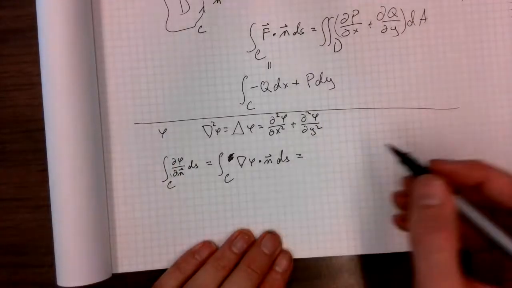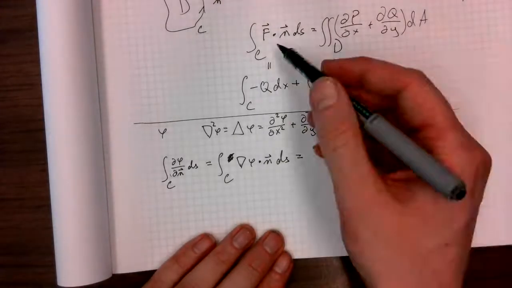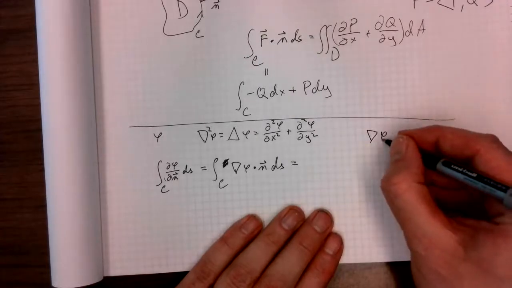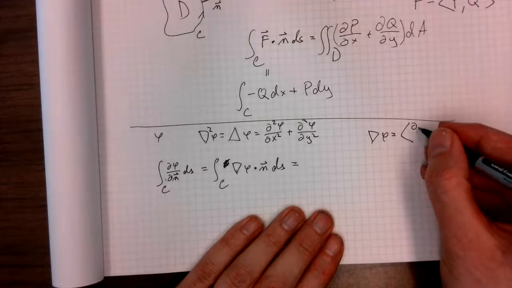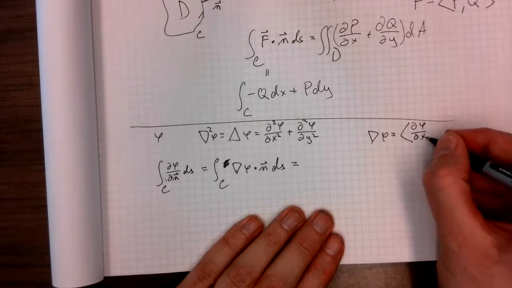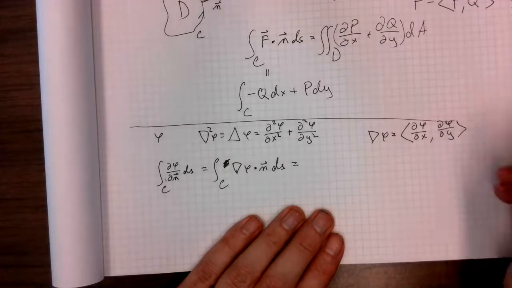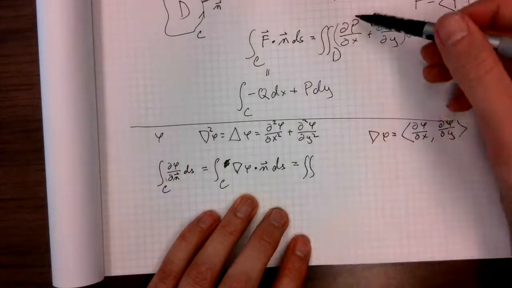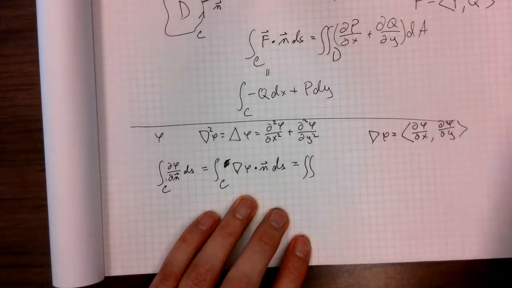Okay, now you apply the divergence version of Green's theorem, and notice that the gradient of phi is the x derivative of phi and the y derivative of phi, right? And so if I apply this, then this is my P and this is my Q, right?